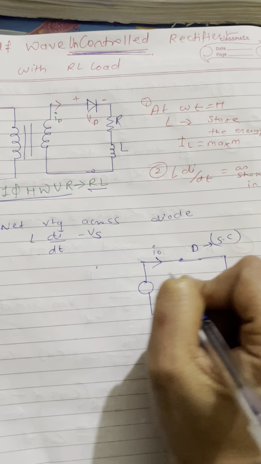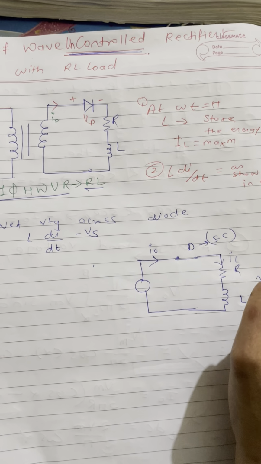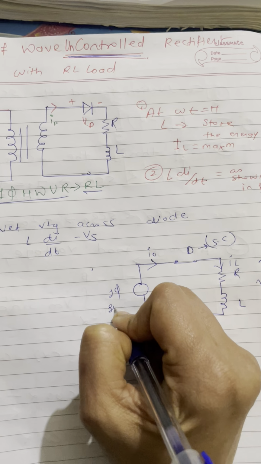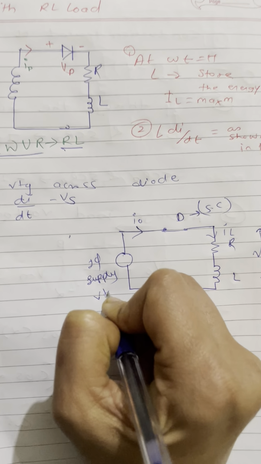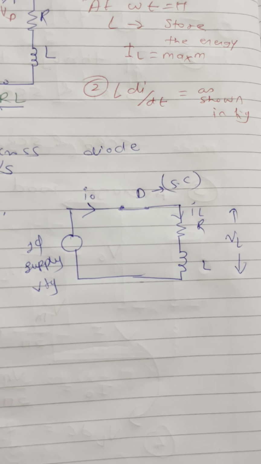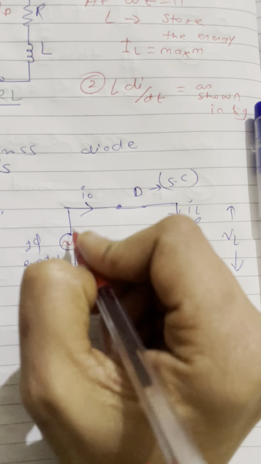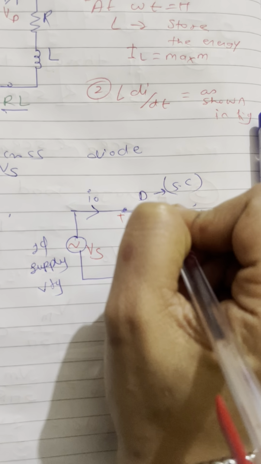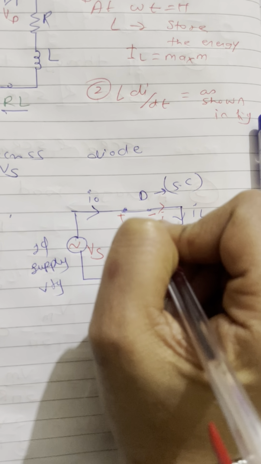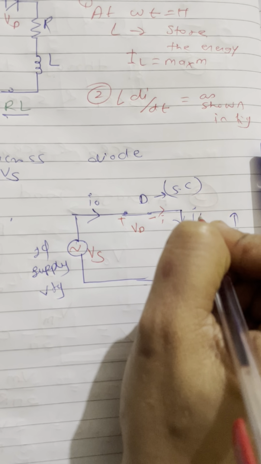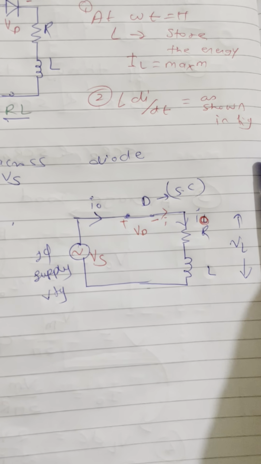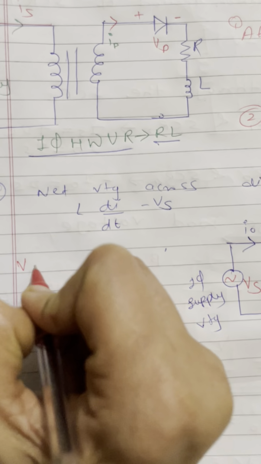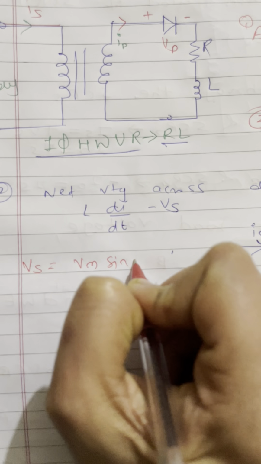This is the I0 current, this is the IL current, the voltage across the load is VL, this is the single phase supply voltage Vs, this is Vd across the diode, and this is the diode current ID. I0 is nothing but IL. We know that Vs equals Vm sin omega t.